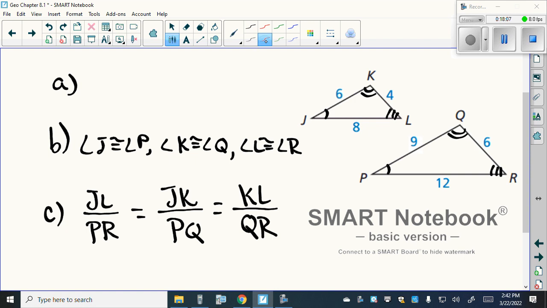So if I want to find the scale factor, well, we can use two of the corresponding side lengths. Which one do we want to use? Well, we can say 4 over 6, which reduces to 2 over 3, yes?